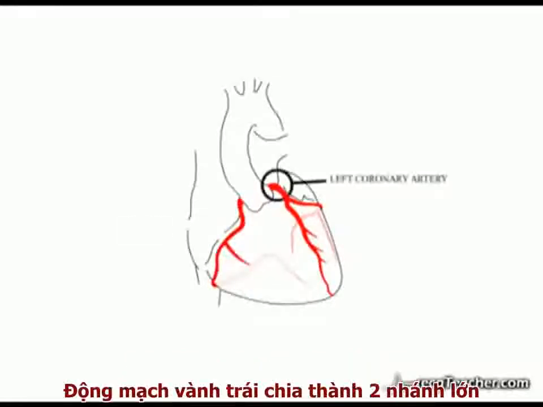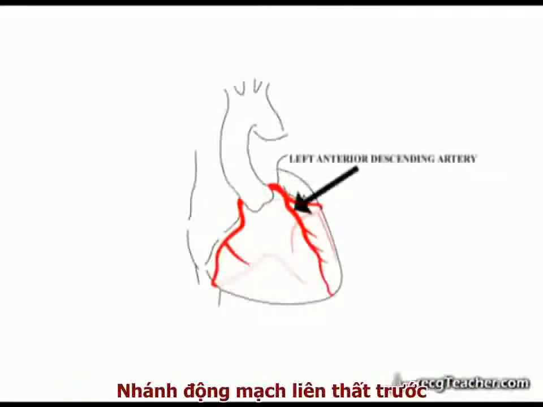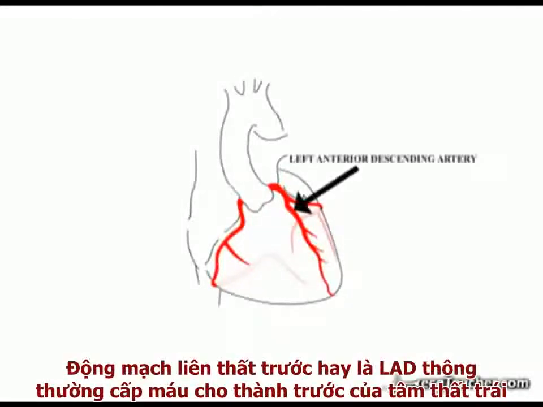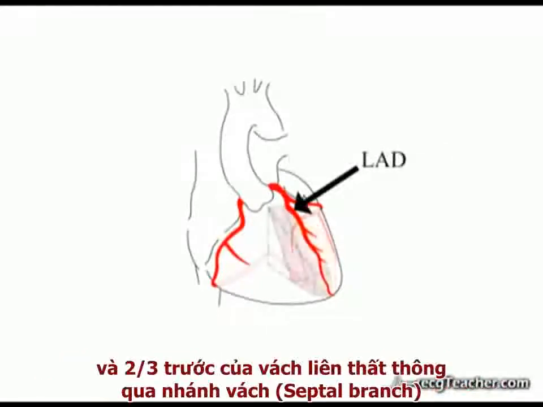The left coronary artery divides into two major branches, the left anterior descending artery and the left circumflex artery. The left anterior descending artery, or LAD, generally supplies the anterior surface of the ventricles and the anterior 2/3 of the interventricular septum through septal branches.